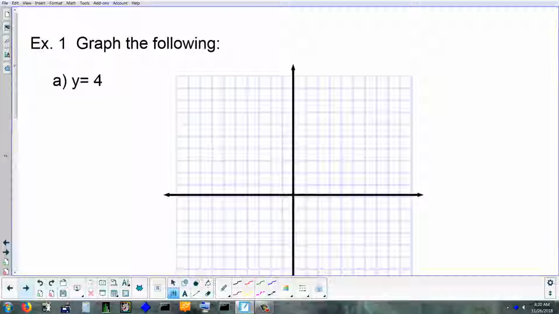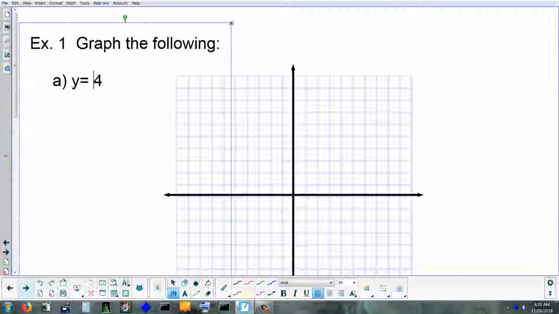All right. y equals 4. Does anyone remember which way that one goes? Horizontal. So it says y equals 4. Is that positive or negative? Positive, right? There's no negative in front of it. So I go 1, 2, 3, I go up to 4 on the y-axis. And then I draw my line opposite, right?